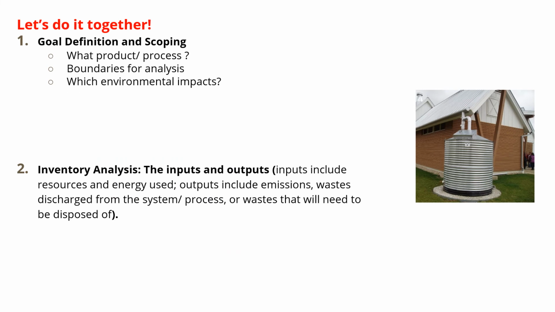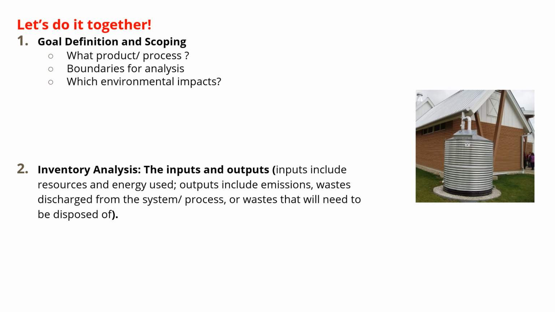Okay, so now we're going to go over the ISO 14040 standard for a rainwater harvesting barrel using the 4 steps that we had gone over earlier. So the first step, goal definition and scoping. The first question we want to ask ourselves: what product or process? The product that we're going to be analyzing is a rainwater harvesting barrel.